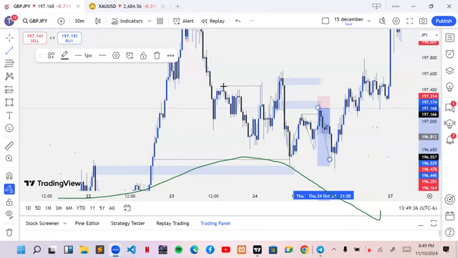There's a specific shape of an order block. The specific shape of a bullish order block is you see a bearish candle, you see a bullish candle engulf it. The specific shape of a bearish order block is you see a bullish candle, you see a bearish candle engulf it. That's just it.